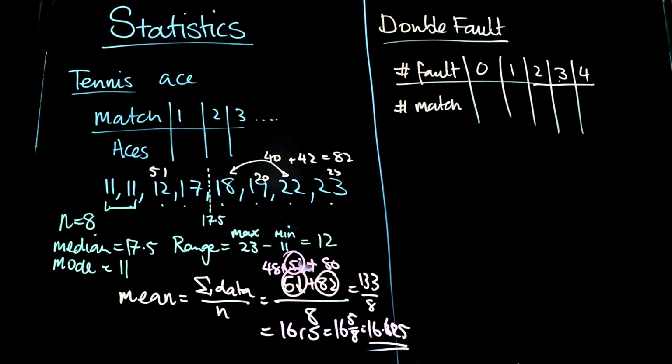We could get more, but hopefully we understand that every time we get a double fault, we're kind of conceding a point to our opponent, and we don't really want that to happen. So these numbers are small, and that's nice. Okay, so that's in the table.